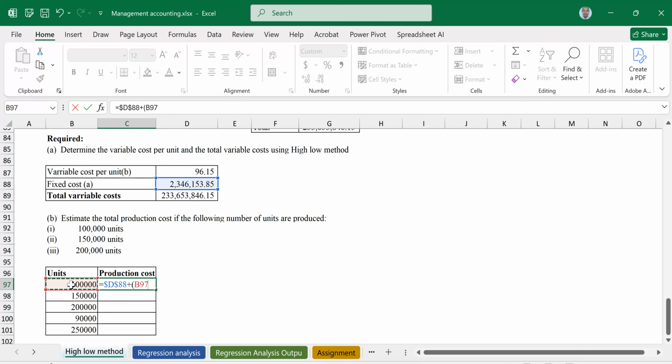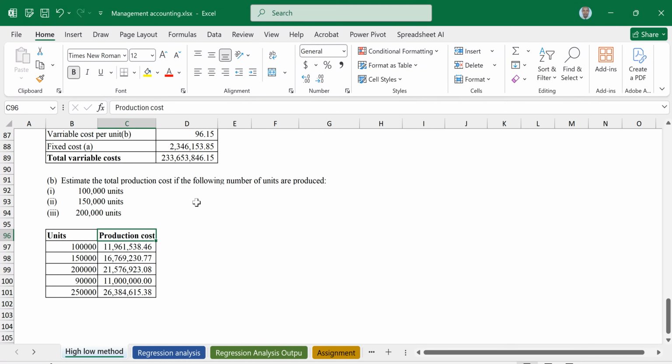Don't lock B. Then times the variable cost per unit, which is, now this is X, don't lock X. Then multiply with the variable cost per unit, which is B, of 96.15. Now lock that. Lock the B here. Close bracket, enter, then drag down. That is the high-low method in Excel.